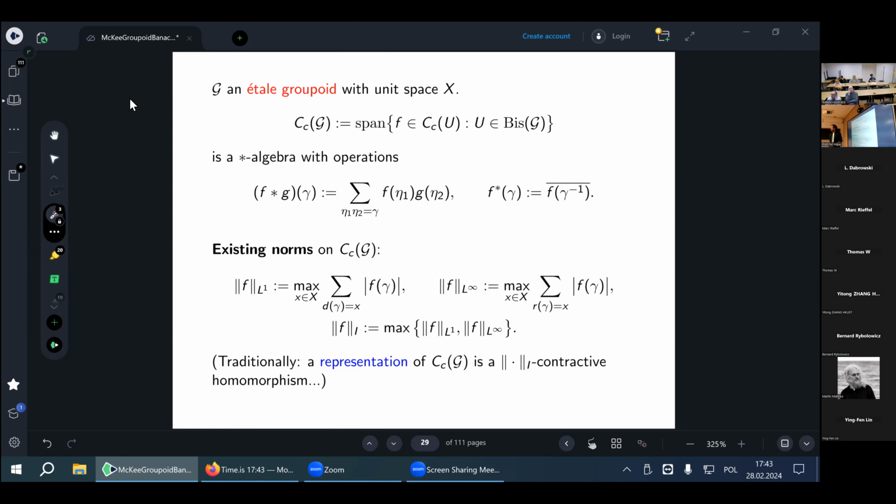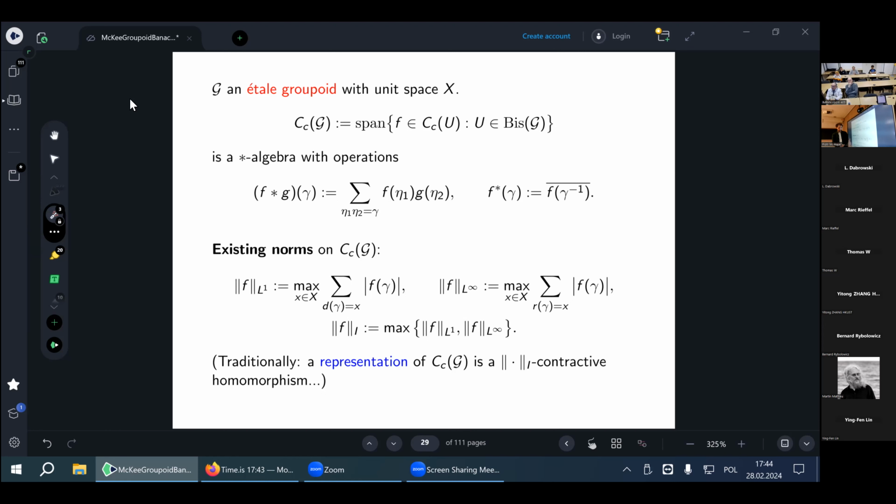If you read a paper or see a talk on groupoid C-star algebras, they probably define this norm. In the group case, this has an L1 norm, and this is what we use to define our representations.